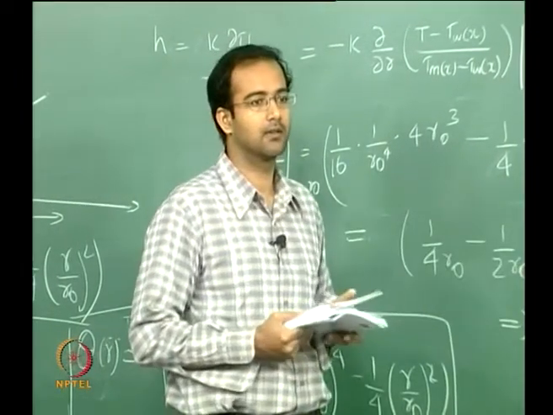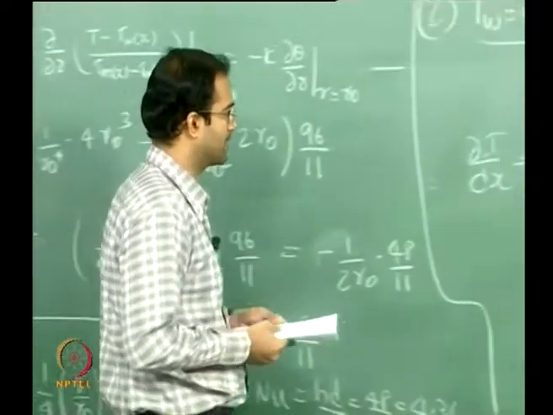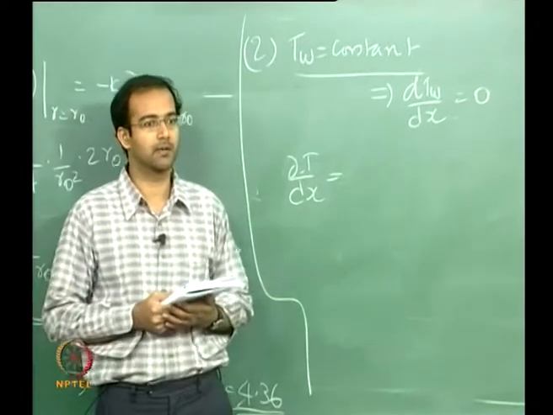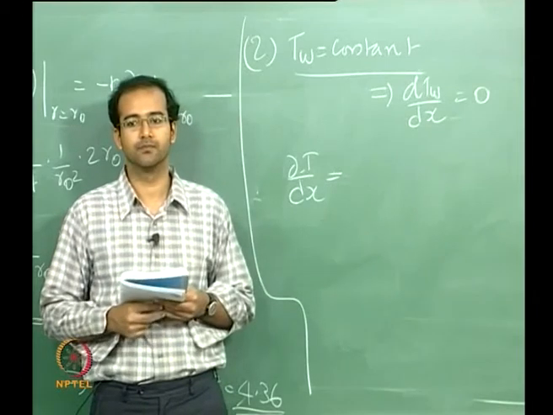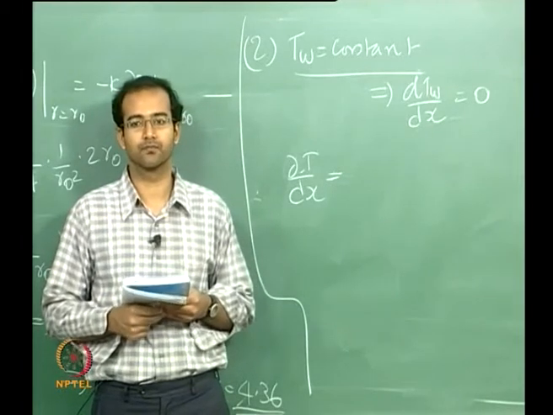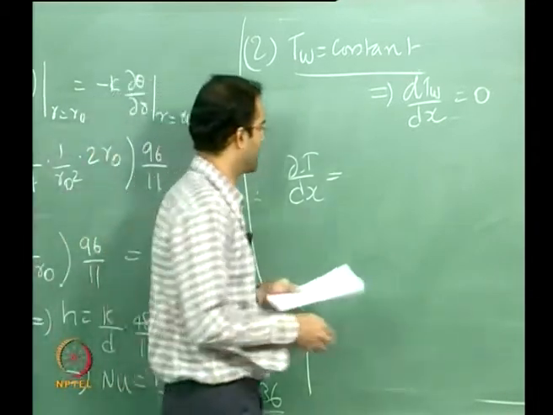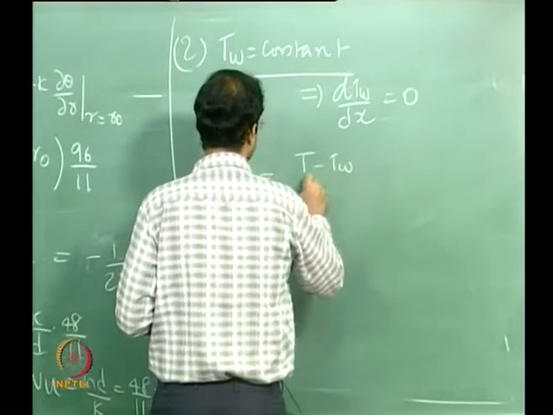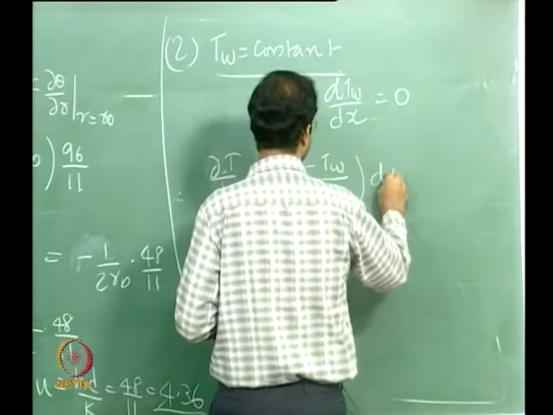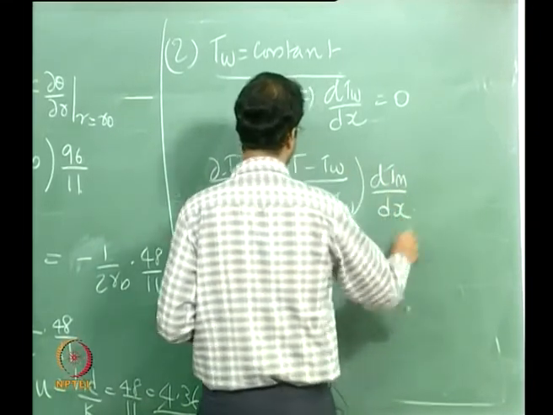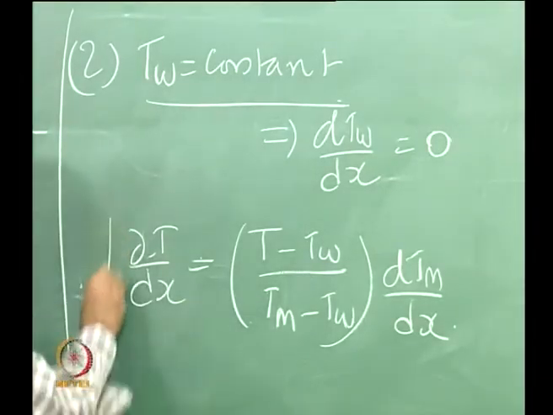You have to tell me, if you apply this condition dT wall by dx is 0, what will be the resulting expression for dT by dx. Yes, T minus T wall by Tm minus T wall into dTm by dx. So the first two terms get cancelled off, you have only this last term.